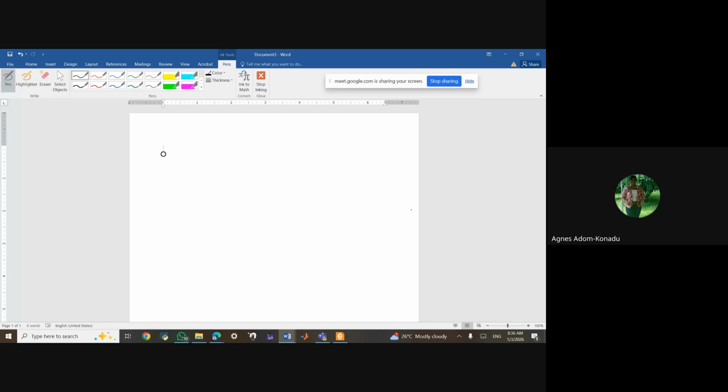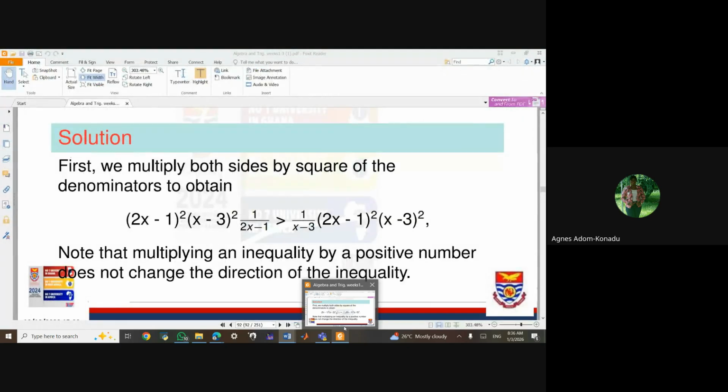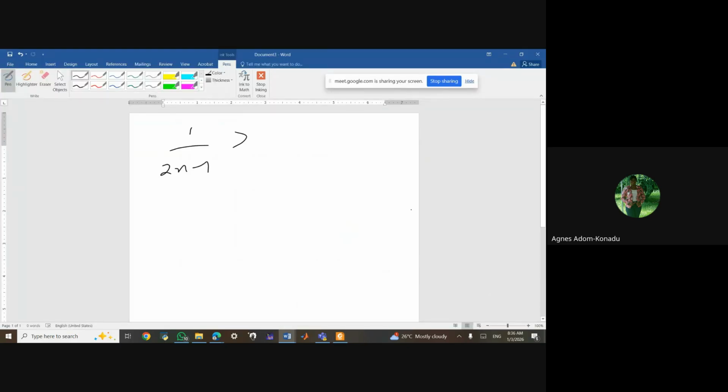First, I'm coming. So we know 1 over 2x minus 1, is it greater than or less than? It's greater than 1 over x minus 3. I know the LCM of this is 2x minus 1, x minus 3.